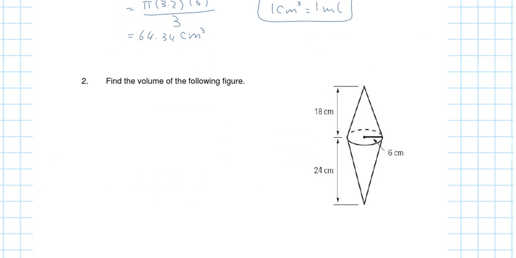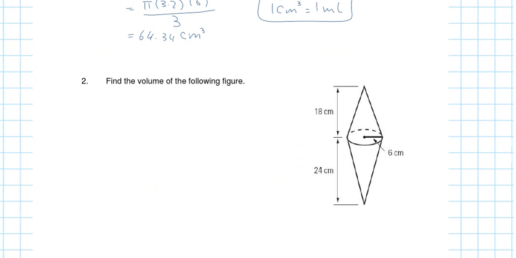Okay. Last but not least, find the volume of the following figure. So what do I need to do? What formula and what do I do? Find the volume of the first one and the second one. So I have to find the volume of one and the second one and then add them together, right?